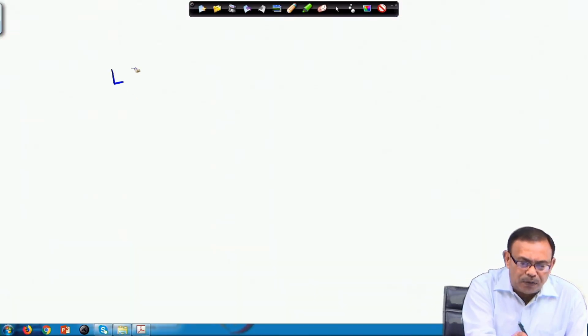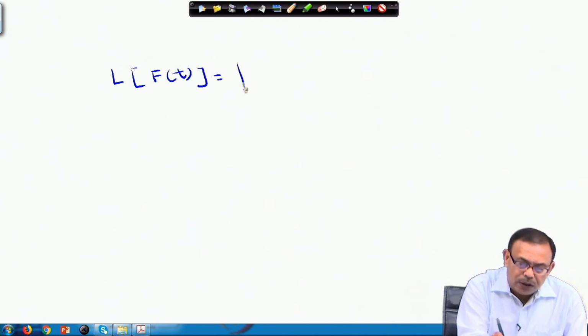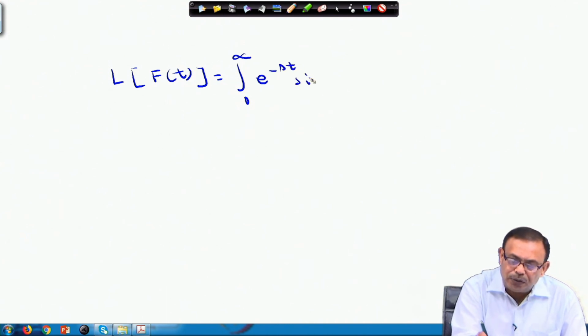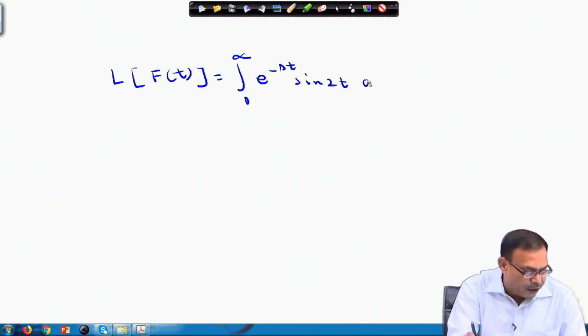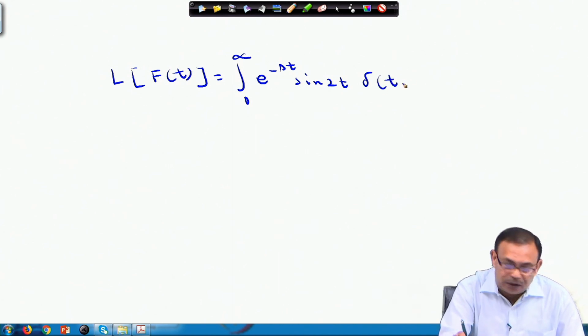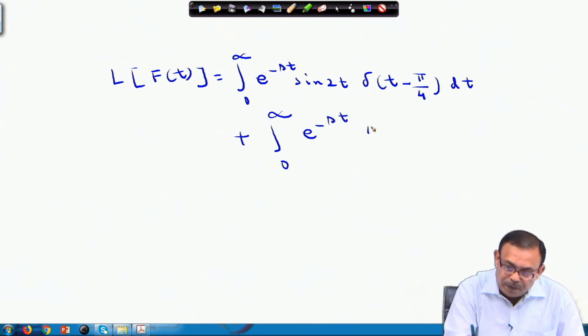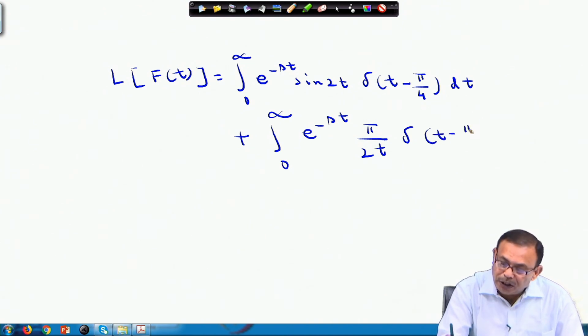So, the Laplace transform of f(t) equals the integral from 0 to infinity of e^(-st) sin 2t into the Dirac delta function of (t minus pi by 4) dt plus the integral from 0 to infinity of e^(-st) into pi by 2 t into the Dirac delta function of (t minus pi by 2) dt.